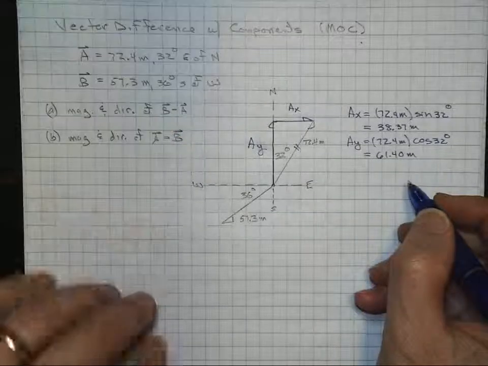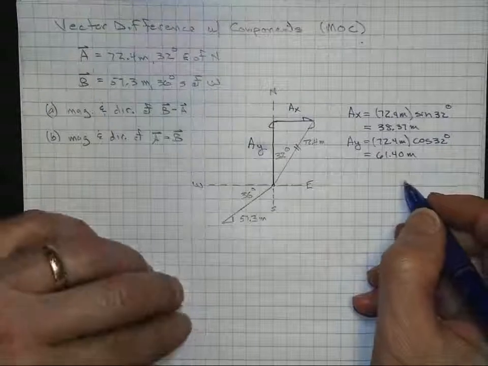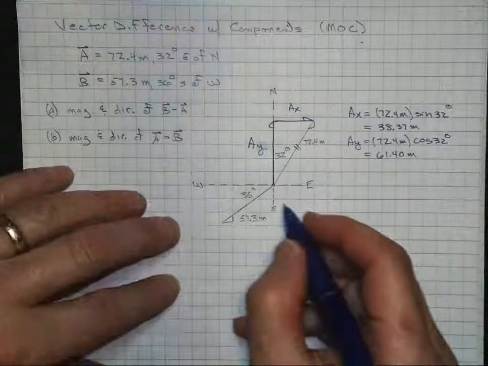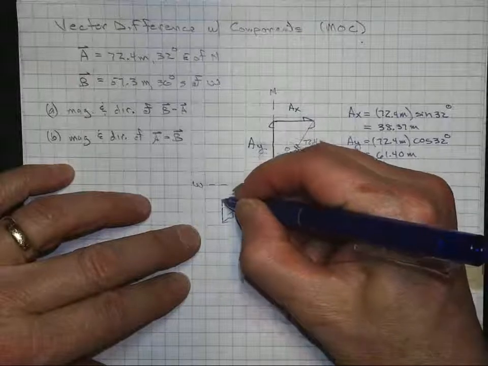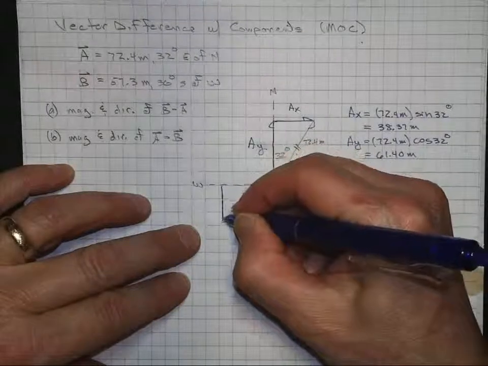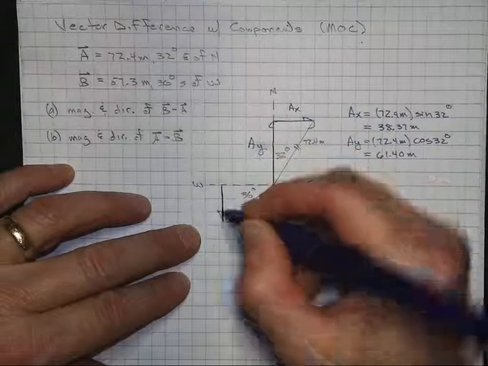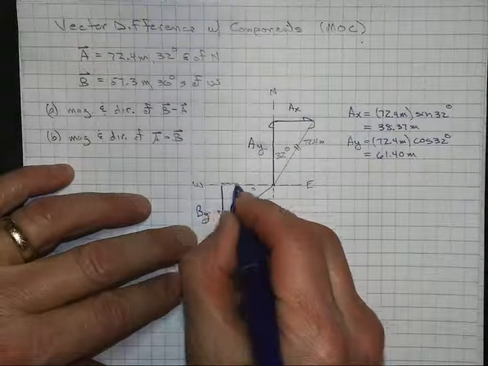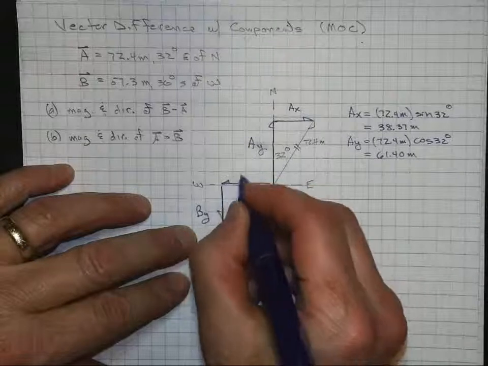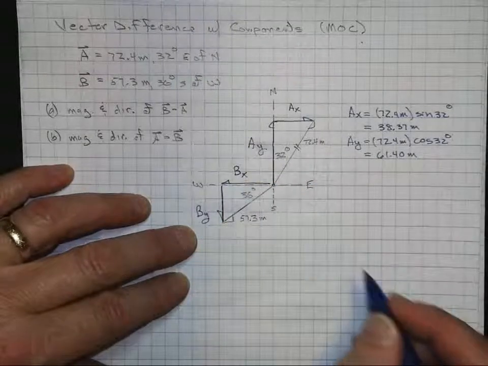Let's also then draw the x and y parts of vector B. I'm going to start with the y part to set this up. There's the y part, BY, and the x component, BX, will look like so.